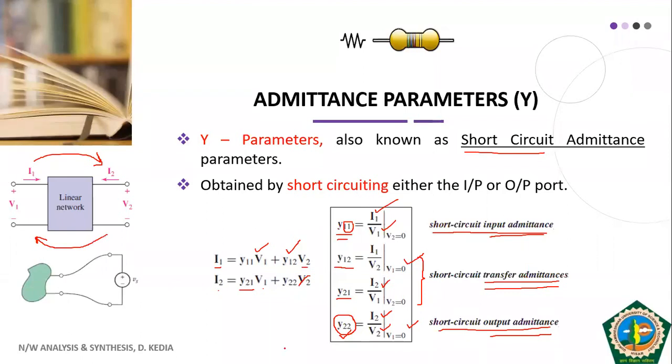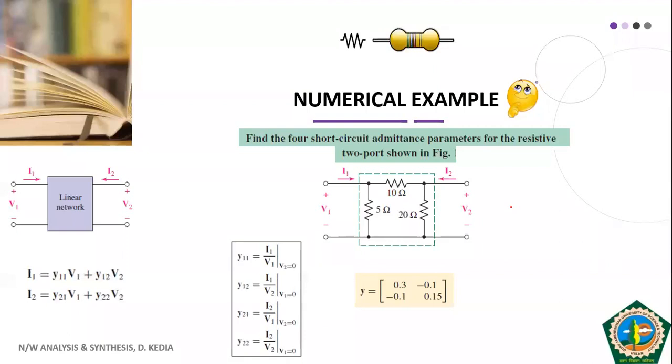Now we will try to understand this with the help of a very small numerical, so that you will be able to understand the methodology to represent a given circuit with the help of admittance parameters. So students, now we will again try to understand the calculation of admittance parameters with one numerical example.